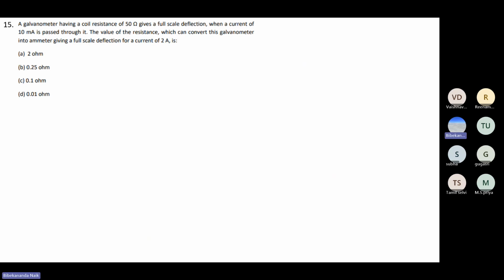Yes, so can anyone tell me? So in the previous case it was I ampere into resistance of the ammeter, current of the ammeter and resistance of the ammeter equal to current of the shunt and resistance of the shunt. Now 10 milliampere is passed through it, so it is 10 into resistance 50.